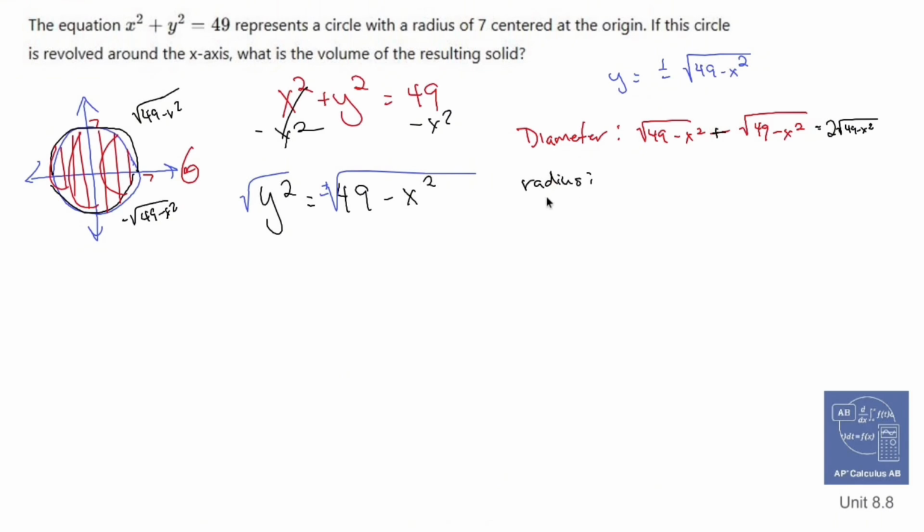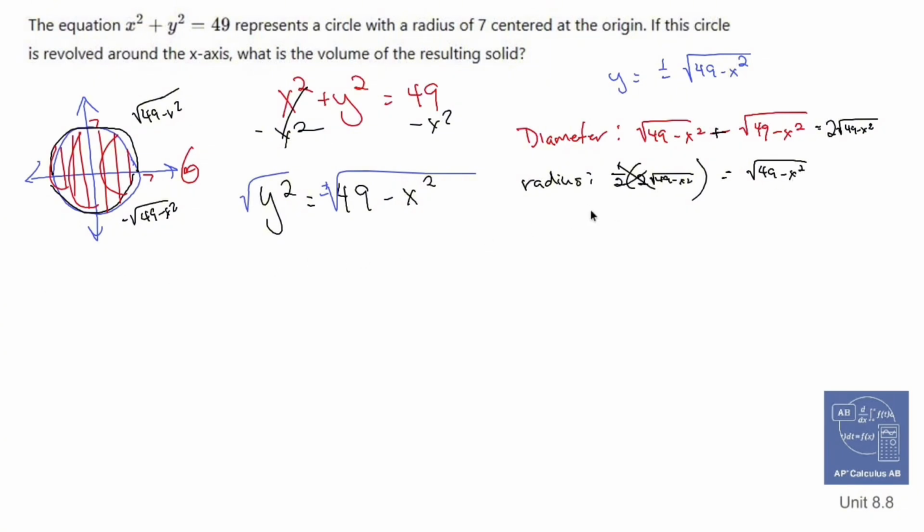Why do I care about the radius? Because my job is to find the volume, and if I integrate the area, then I get the volume. So the radius is half of 2 square root of 49 minus x squared, which cancels out. The radius is the square root of 49 minus x squared.